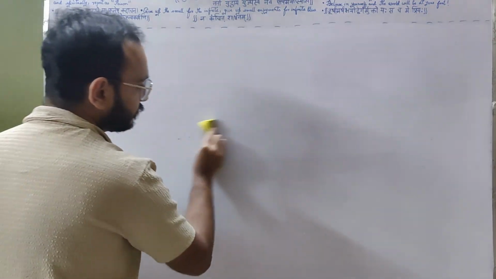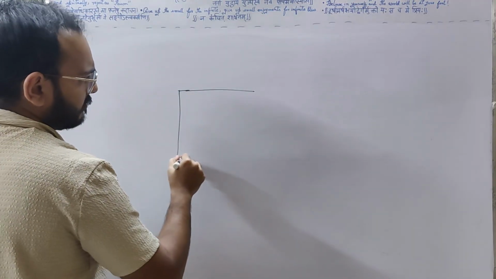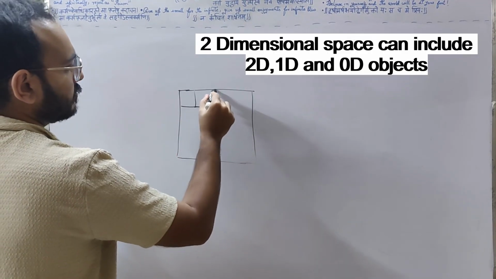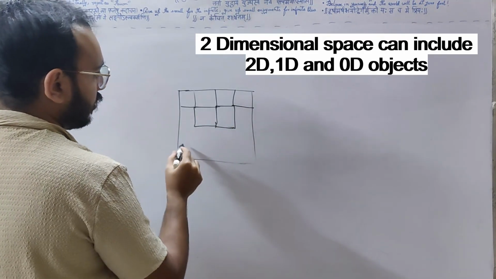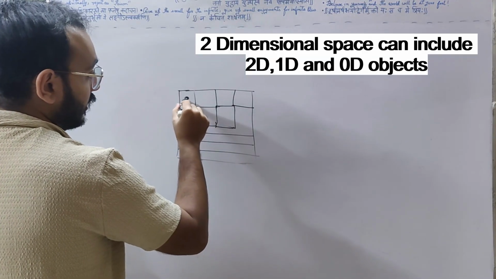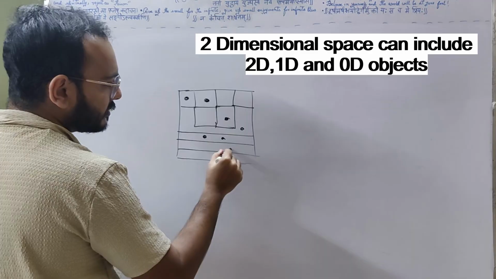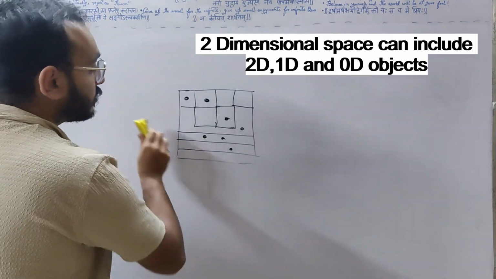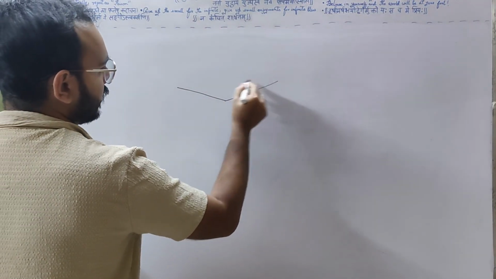Now let us transition into a 2D space. That's a plane. And in this plane, I can draw countless number of planes or 2D objects like this, right? And also one-dimensional objects like lines, and I can also draw zero-dimensional objects like points, countless number of times, right? Now if I transition into a 3D space, what will happen? I will draw the 3D space like this.